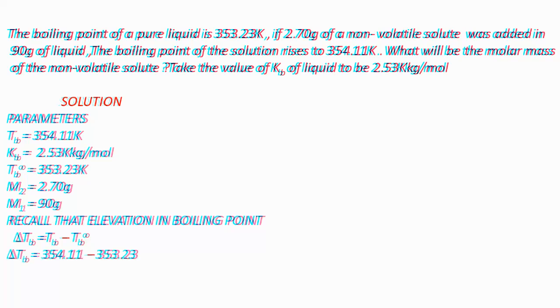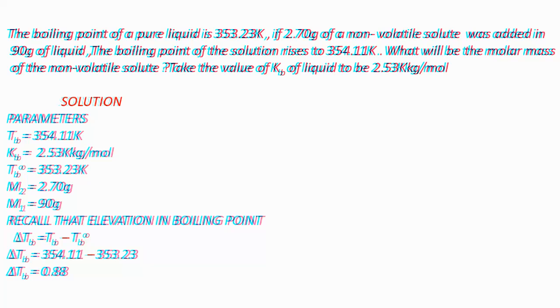That of the solution is 354.11 minus that of the pure liquid, 353.23. When you substitute this, it will give you 0.88. So now let's forge ahead because we have not reached our destination.